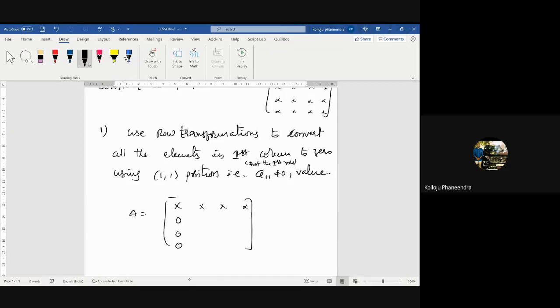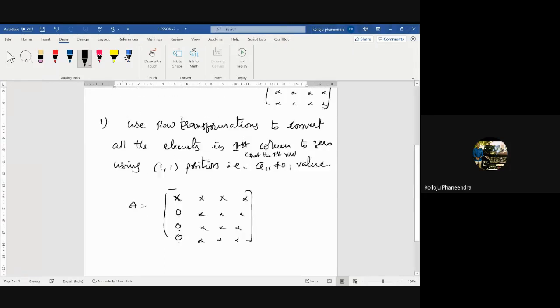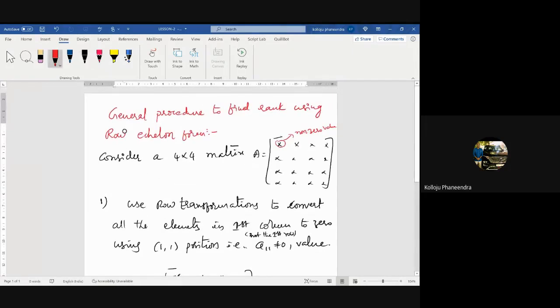I will explain in an example clearly. Using this value, reduce this to 0, this to 0, this to 0, and accordingly there is a change in these positions. This first element is called the pivot element or pivot value.